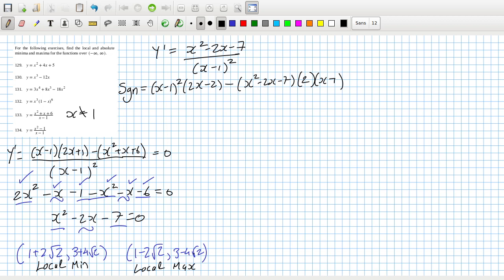We said that there is no global max, but could this be a global min? No, I don't think so.